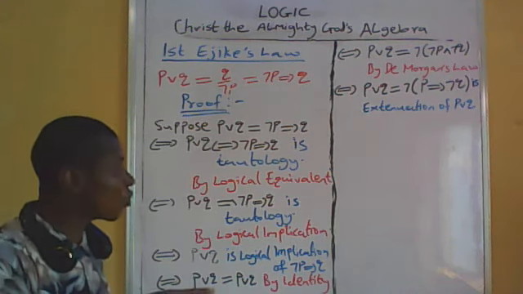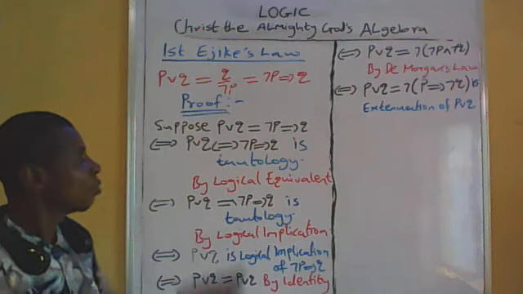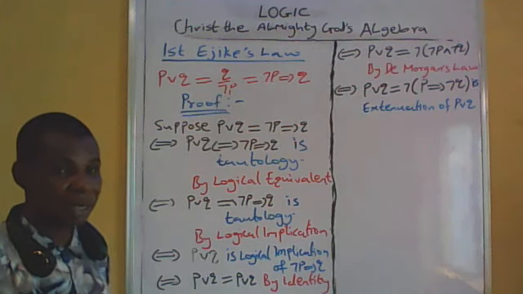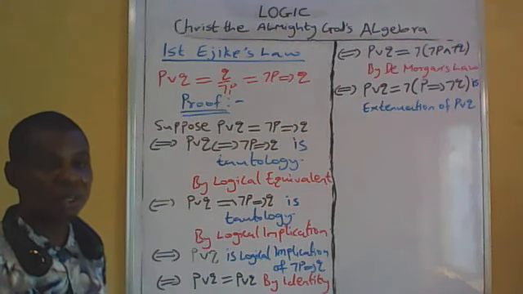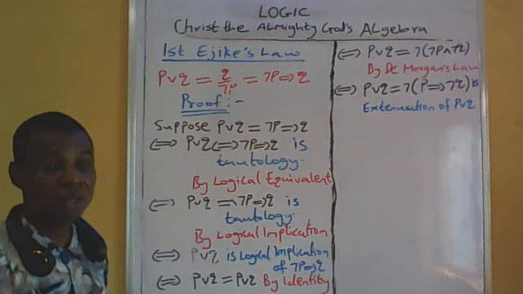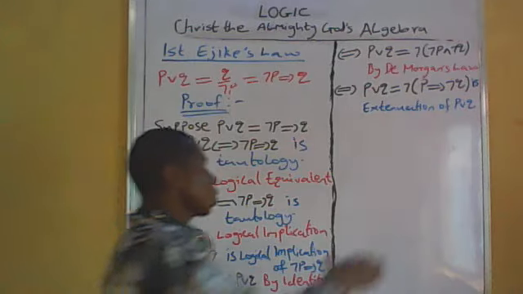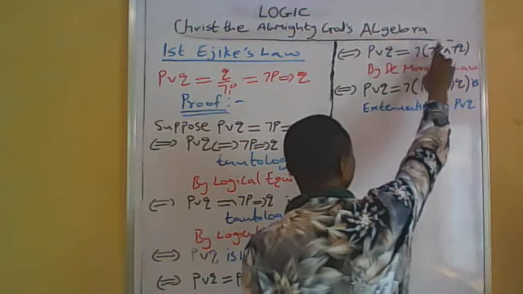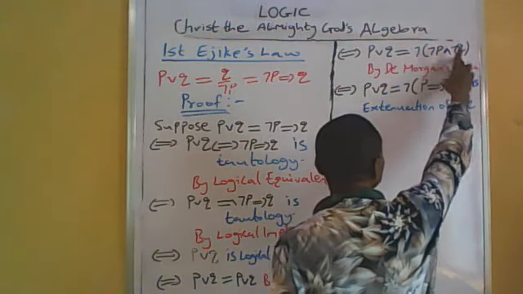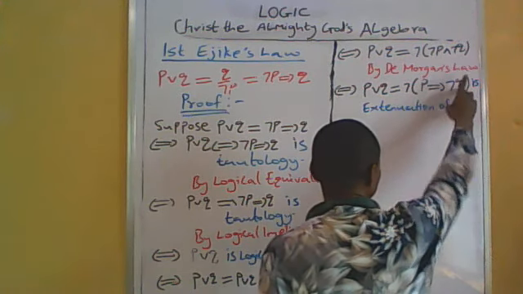That means that of P or Q is extenuation, a decrease in value of P or Q, being justified by Christ Almighty, God's grace. Christ Almighty is not grace, is grace. Called Christ Almighty, God's grace. That is what you use to transform this not P and not Q to this statement, P implies not Q.